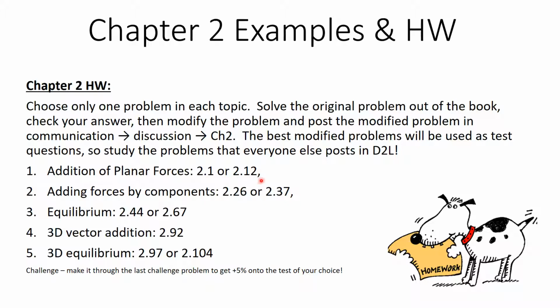Just solve one of these problems, and then you're going to modify that problem for some more realistic scenarios and think through what those numbers really mean. So this is more than just looking your answer up in the back of the book and saying, oh yeah, I got it right. Think through what it means, how you could design that system more efficiently, how those numbers are going to be dynamically changing, how you could change the angles or the structure of something.